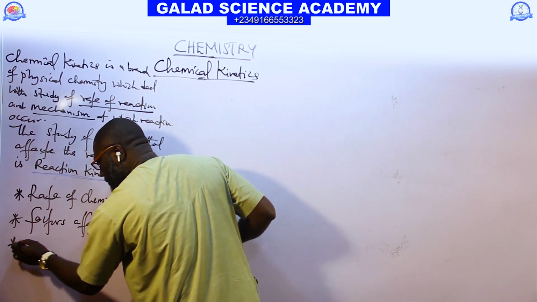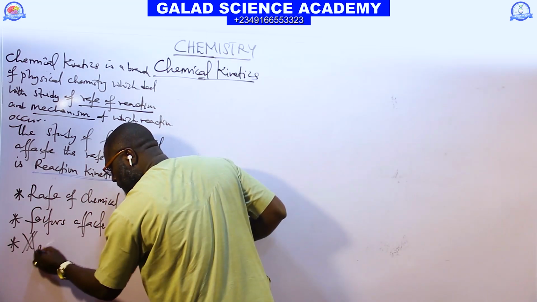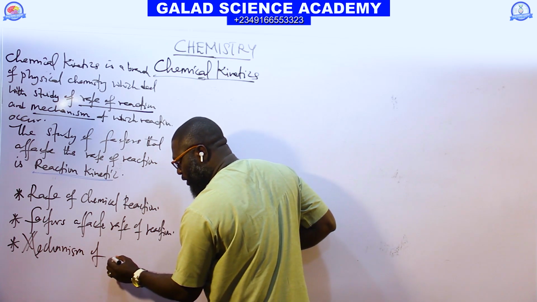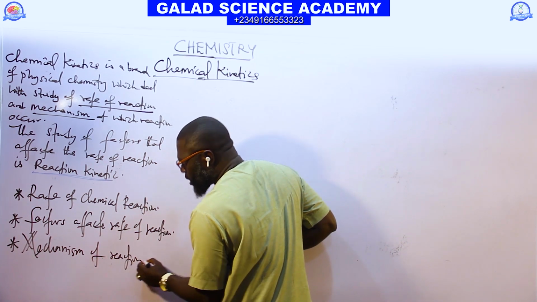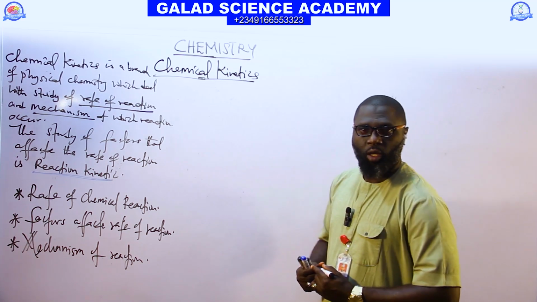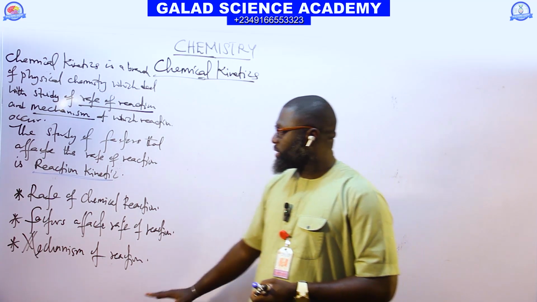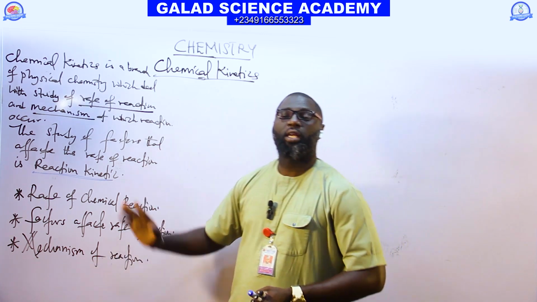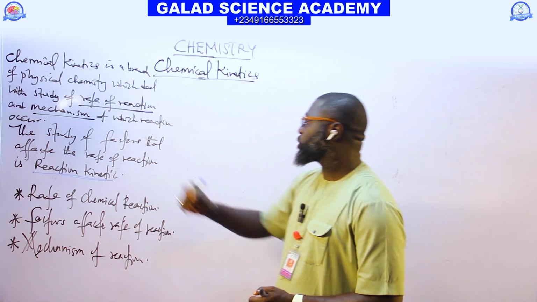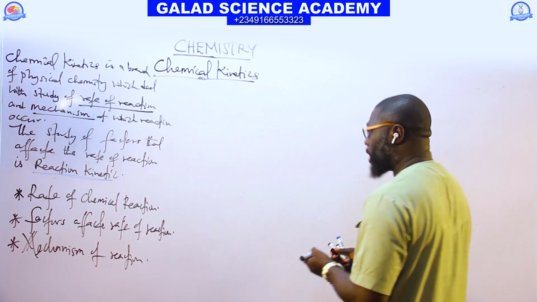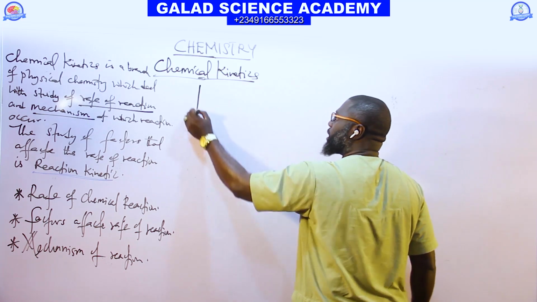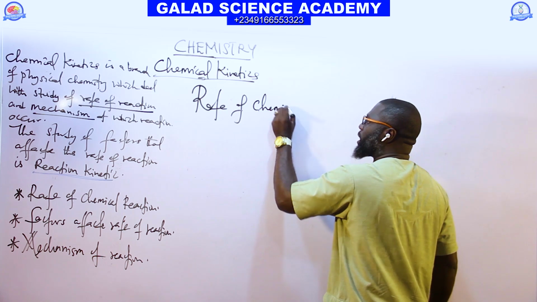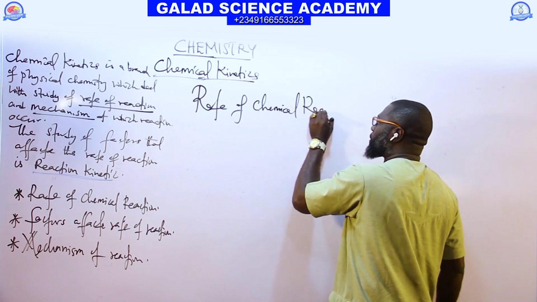The third one is the mechanism of reaction. Those are the three sub-aspects we have in chemical kinetics. So let's take them one after the other. The first one is the rate of chemical reaction.